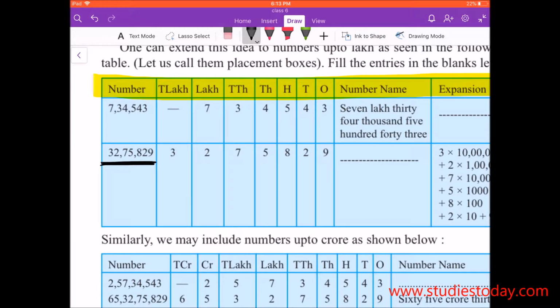In this, in my mind, I will mark the place values as ones, tens, hundreds, thousands, ten thousands, lakh and ten lakh, and then according to the place value of the number, I will fit in the digits in the placement box. So this table is called a placement table. Clear?